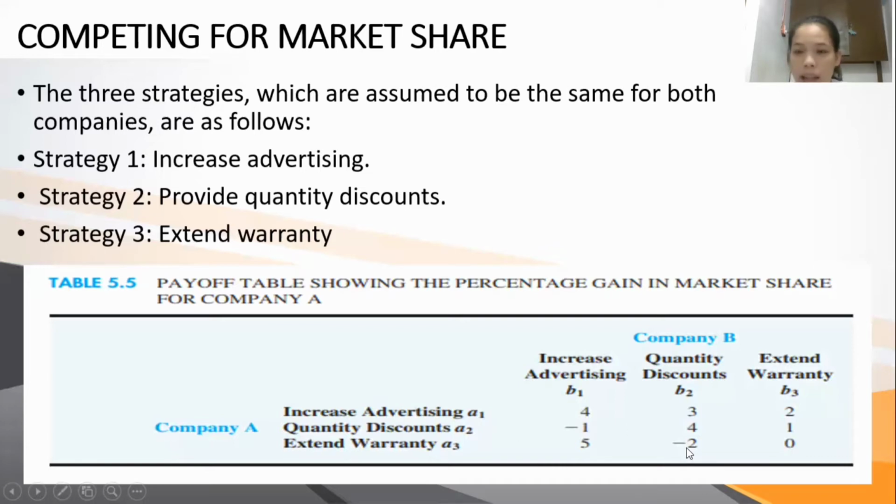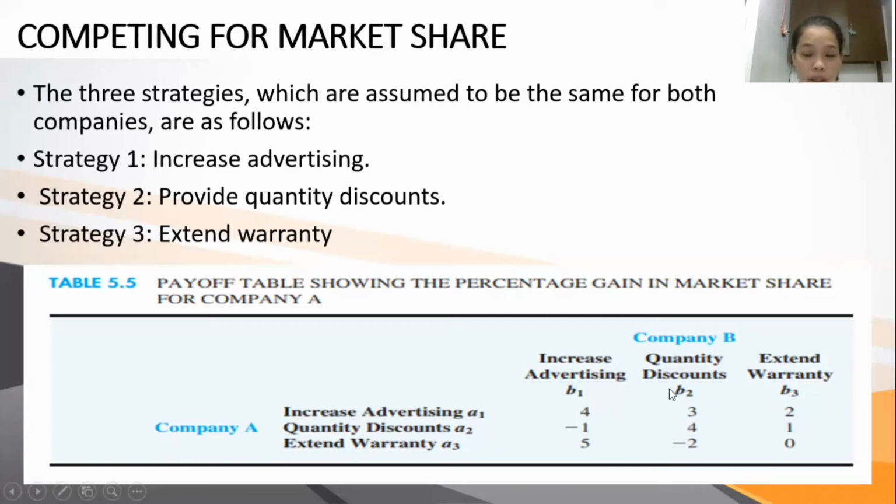Therefore, company A wants to maximize the payoff, that is, increase its market share, while company B wants to minimize the payoff, because the increase of the market share of company A will be the decrease for the market share of company B. So this market share game meets the requirement of two-person zero-sum games.